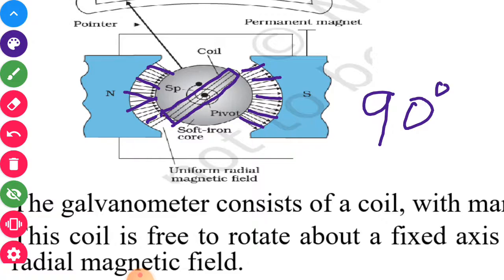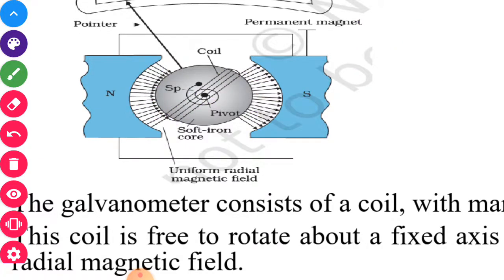So every time the angle between the area vector and the magnetic field is always 90 degrees, or it is always perpendicular.